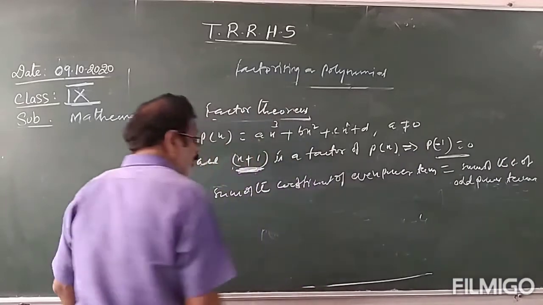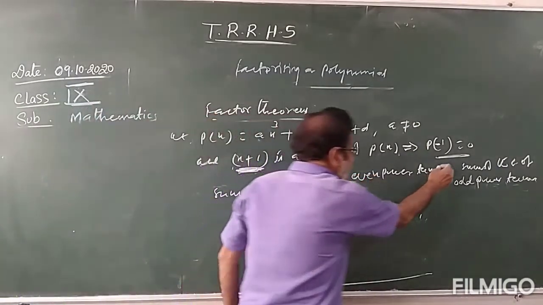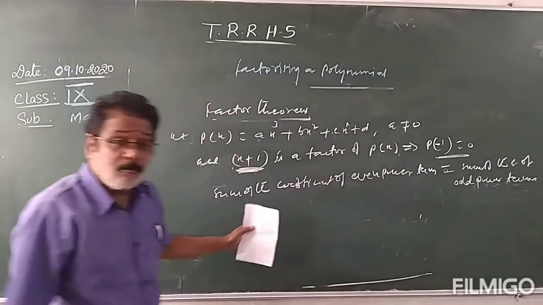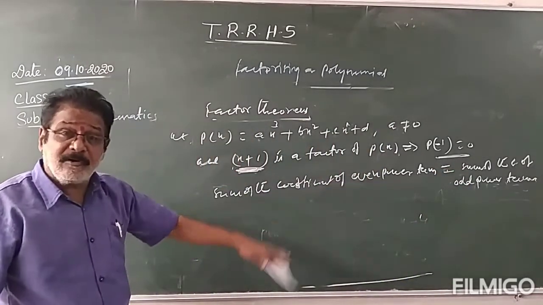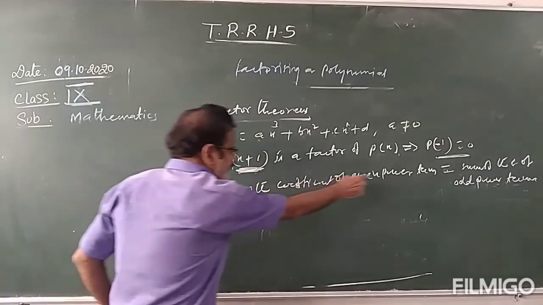That is, the sum of the coefficients of even power terms should be equal to the sum of the coefficients of odd power terms.